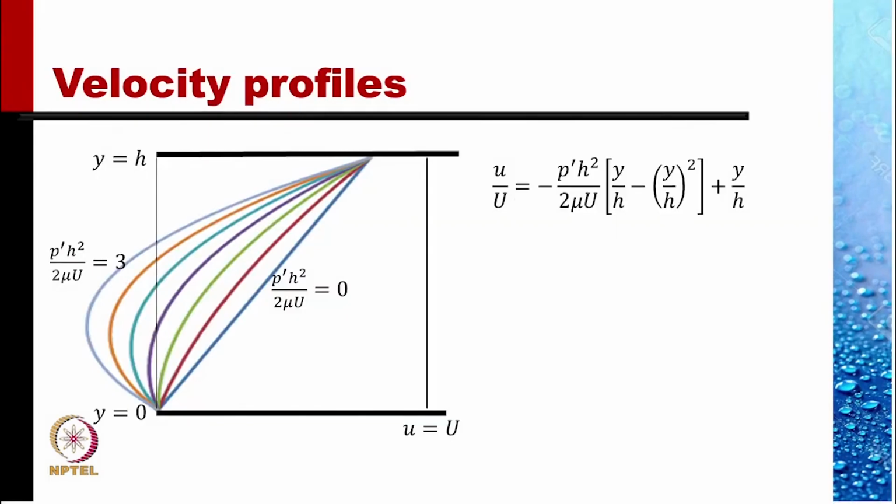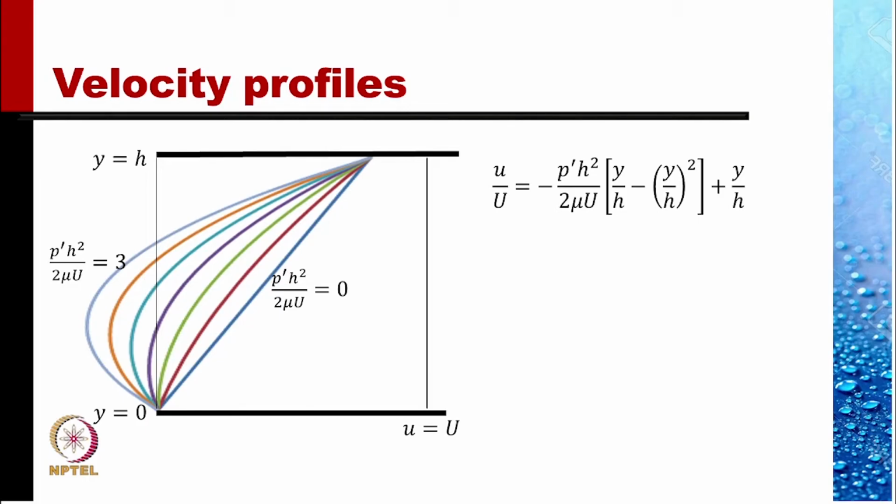And so we can evaluate p prime. The value of u by capital U as a function of p prime varies like this. For p prime h square by twice mu U, the value is 0 for this line, and the value is 3 for this line.